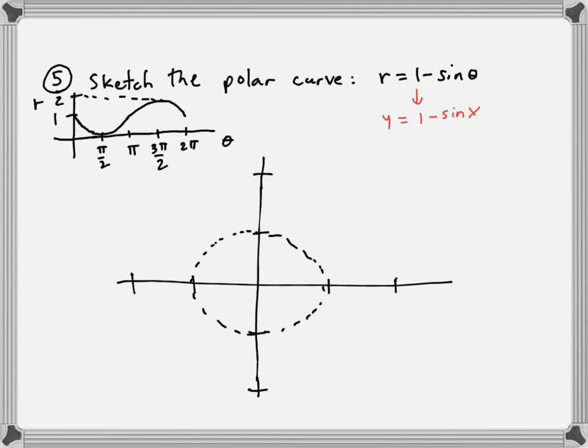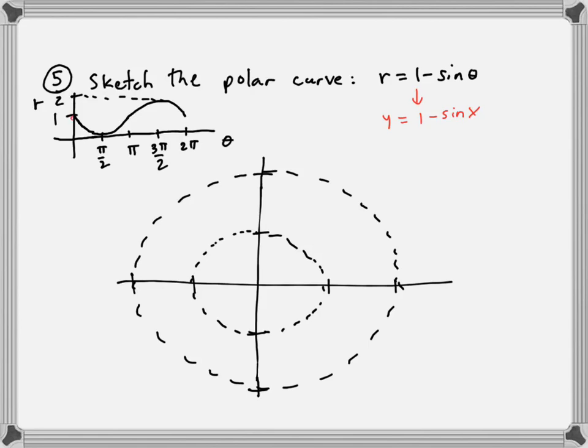So there's my circle of radius 1. There's my circle of radius 2. I'm going to use red to do the sketch itself, okay? So look, every point that I put here is going to be a point over here.